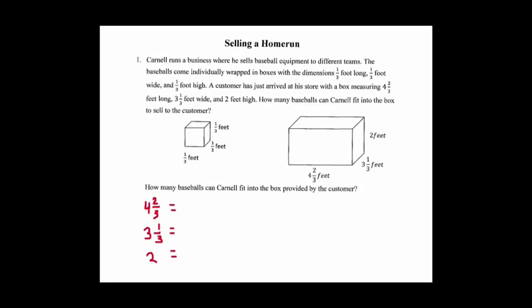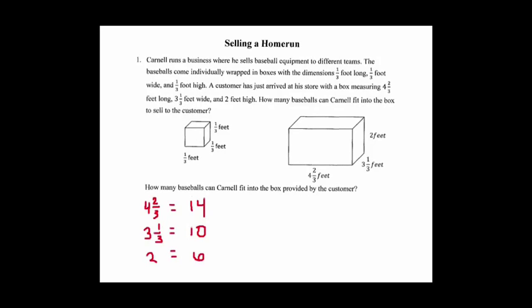So how many 1/3 are in 4 2/3? You go 4 times 3 is 12, plus 2 is 14, so you get 14/3. The next one, 3 1/3 is equal to 3 times 3 is 9, 9 plus 1 is 10, and then 2 times 3 is 6.